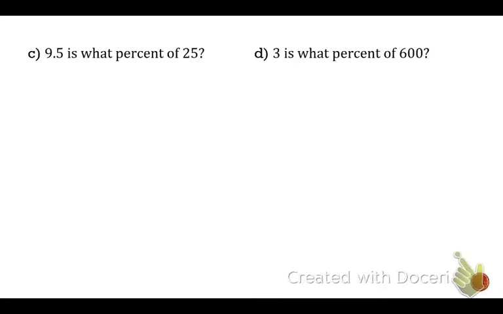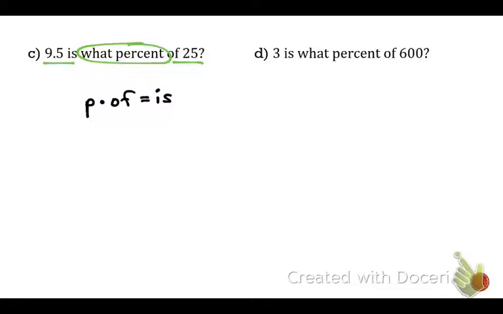All right, on to the next one. Let me have Ellie. What should I underline and circle? You circle 9.5 is, and then circle what percent, and then underline. Excellent. Class, what is the percent equation we've been using today? P times of equals is. Excellent. Ellie, tell us what to plug in.